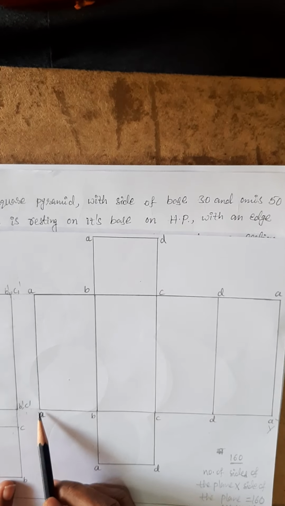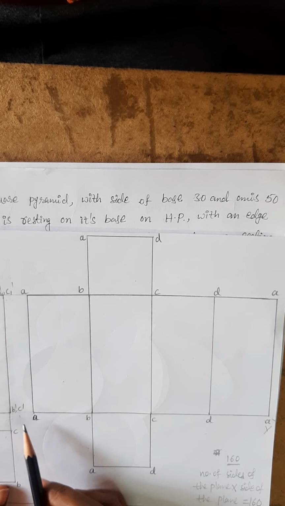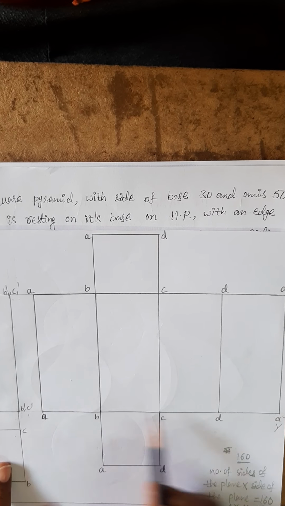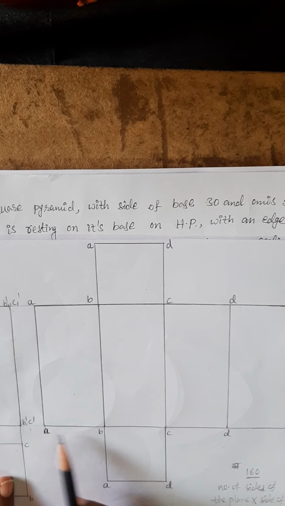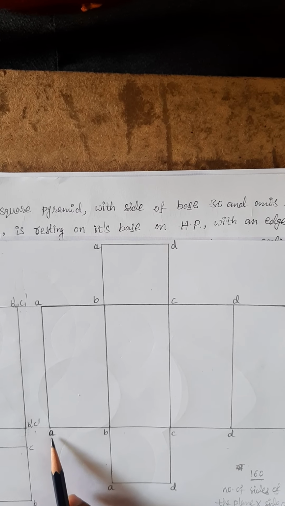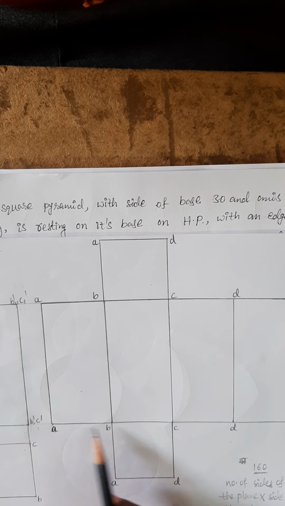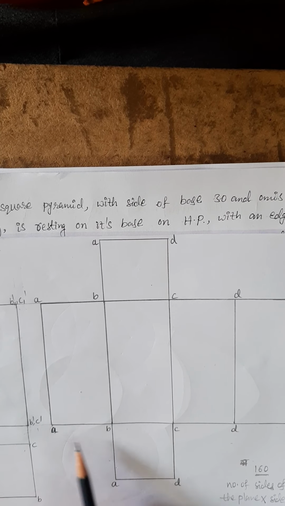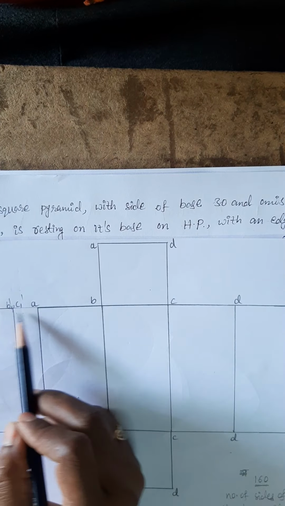Then draw a 160 mm line on a reference line, leaving some space from the front view and top view. Divide the 160 mm line into 4 parts because the square has 4 sides, that is A, B, C, D, and the axis height.